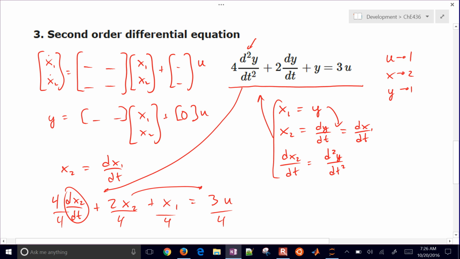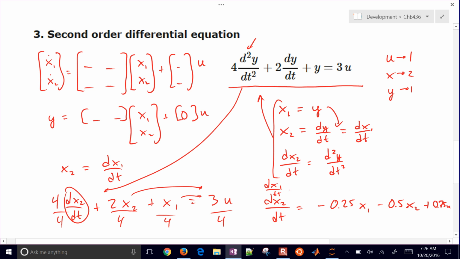Okay, and then put these terms on the right-hand side of the equation by subtracting those quantities from both sides of the equation. So we have dx2 dt equals negative 0.25 times x1 minus 0.5 times x2 plus 0.75 times u.